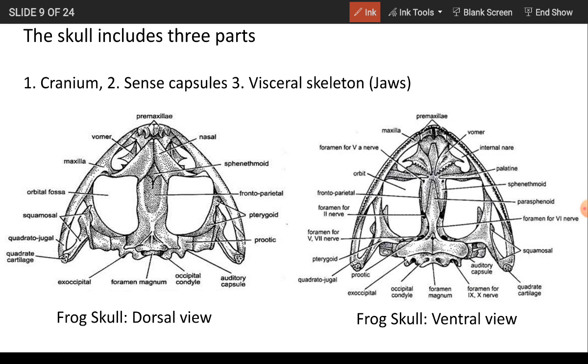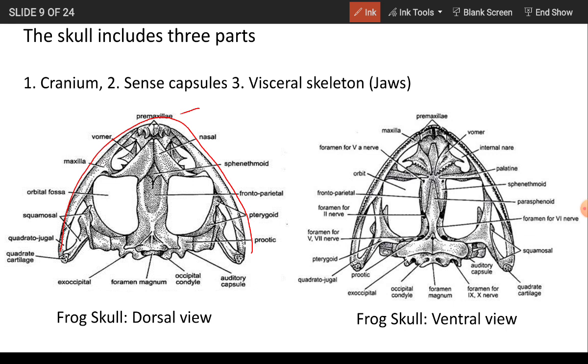Here you can see the structure of the upper jaw. The outer rim of the skull is actually the upper jaw, which is found fused with the skull, and it consists of the premaxilla. This is the premaxilla.